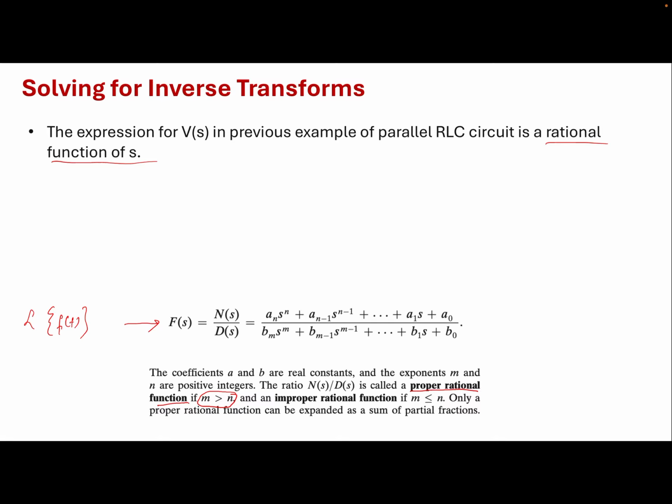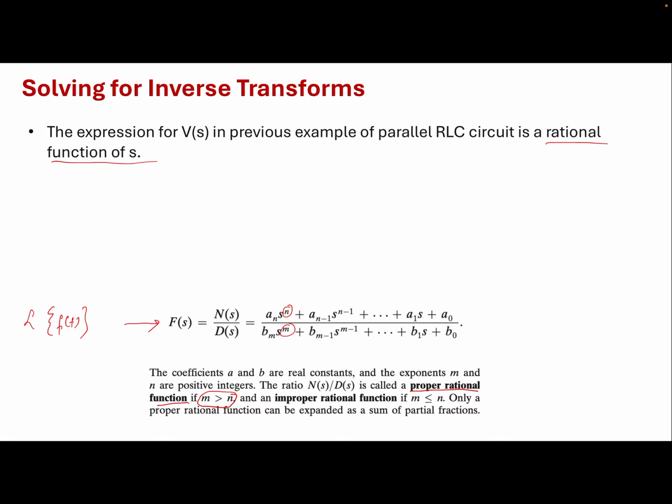And on the other way, we have improper rational fractions where your numerator has either the same power as the denominator or even the higher power as the denominator. For example, if the numerator and the denominator both are s power 2 or s power 3, or if the numerator is higher power than denominator. For example, over here you may have the highest power s power 3, over here the maximum power is s power 2, then that's an improper rational fraction.